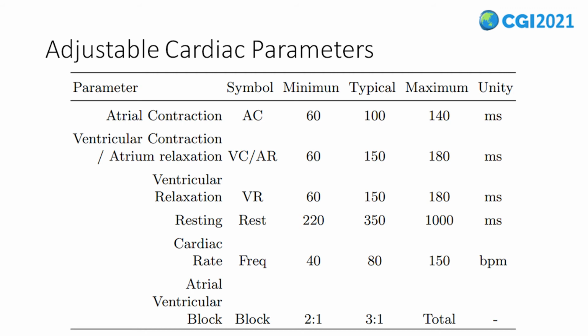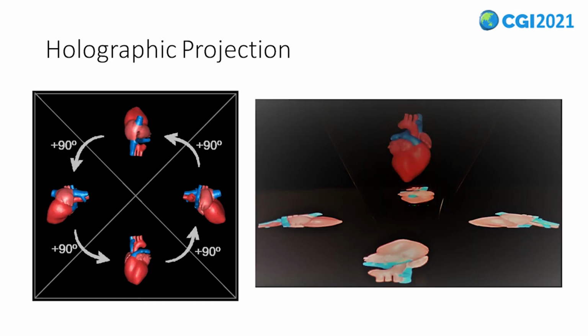For example, the cardiac rate ranges from 40 BPM, that is beats per minute, to 150 BPM, with the default value being 80 BPM. Additionally, the app has a hologram mode that allows all parameters I've listed so far to be rendered with a pepper pyramid hologram.